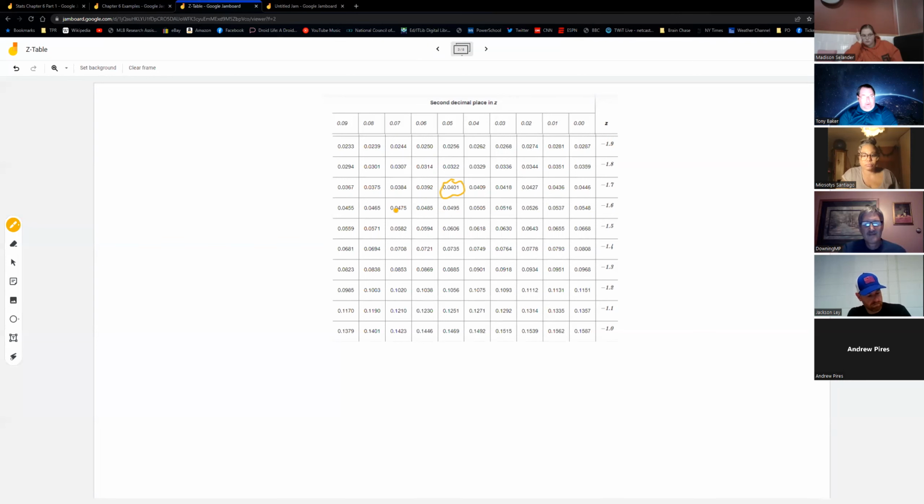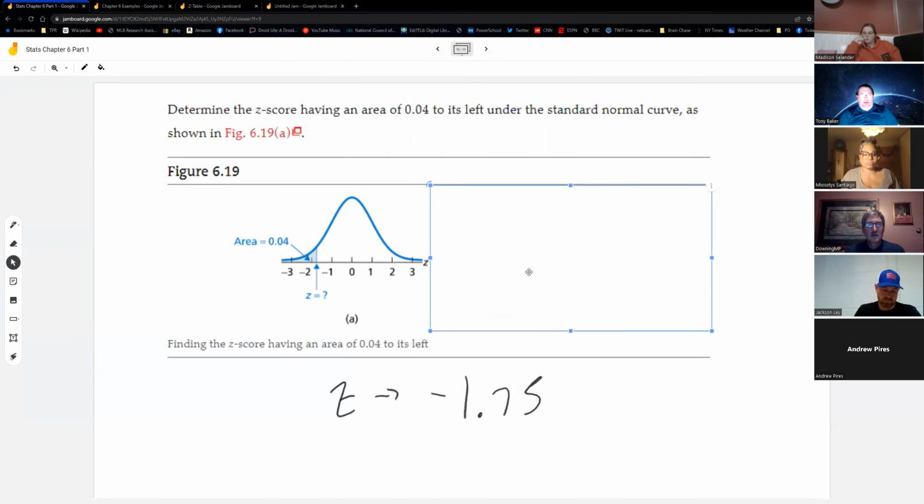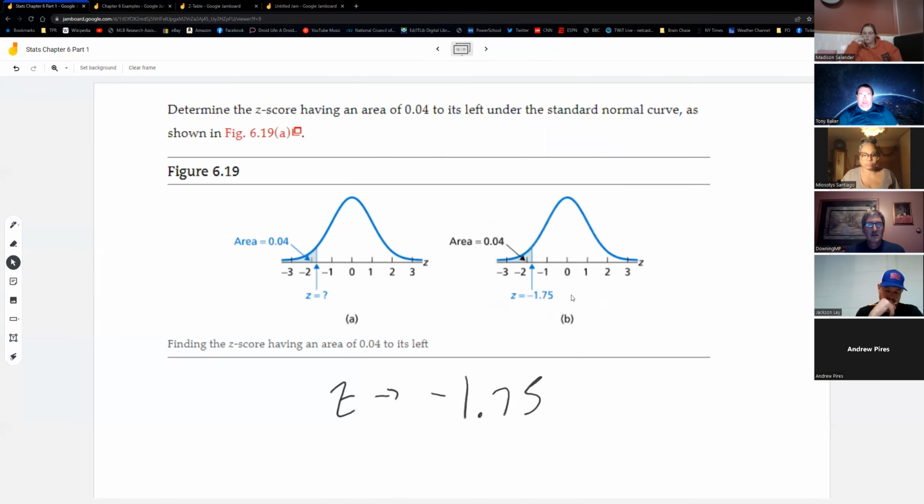So then we just go from there. So that means my answer for my z-score would be negative 1.75, which is going to give me 0.04. And we get the negative 1.75.